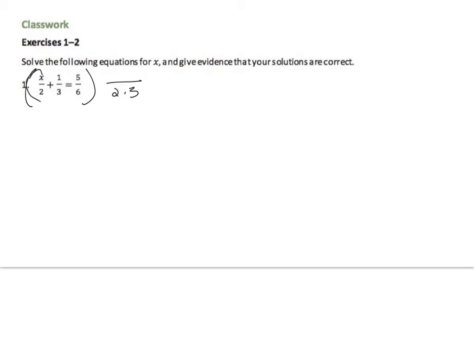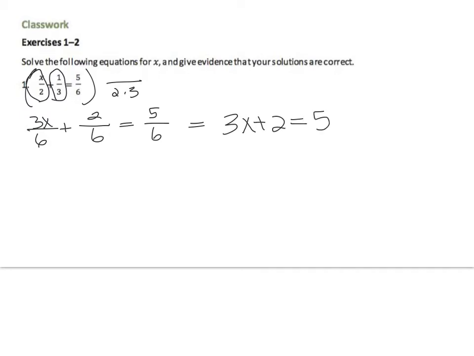So this first term already has the 2, so I've got 3x over 6. The second term already has the 3, so I need a 2. So 2 over 6 equals, this last term already has the 6, so that equals 5, right? Since I have a common denominator, I can actually multiply that whole expression by 6 and get rid of that denominator.